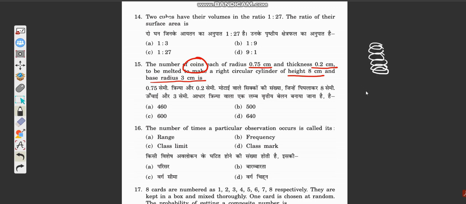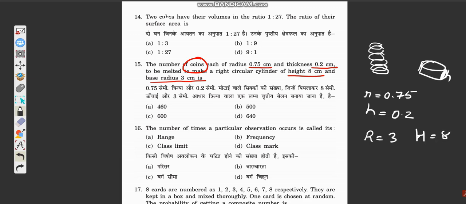So each coin measurement is small r equal to 0.75, small h equal to the thickness, only the height. For example, this is a small coin. This thickness is the height of the coin. These small coins are melted and form a big right circular cylinder. So further the radius is capital R, we can take 3, and h equal to 8 centimeters.